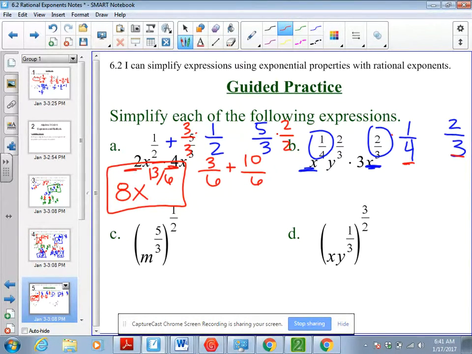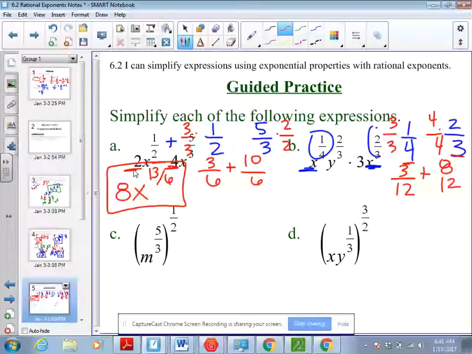So I'm going to multiply this one by 3 over 3 and this one by 4 over 4. I'm going to have 3 12ths and 8 12ths. So this is going to become x to the 11 12ths.